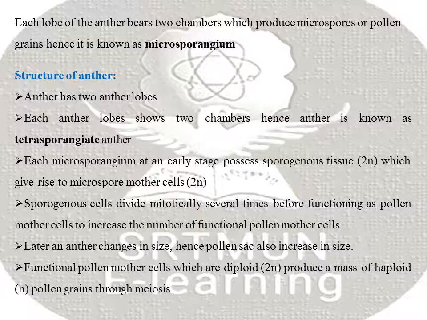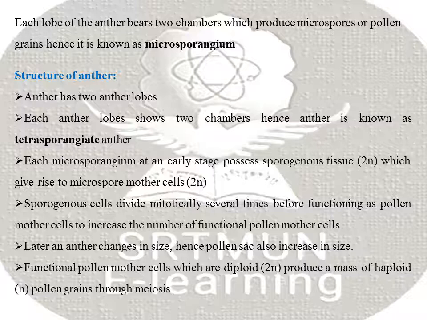Each microsporangium at an early stage possesses sporangious tissue 2n, which gives rise to microspore mother cells. Sporangious cells divide mitotically several times before functioning as pollen mother cells, to increase the number of functional pollen mother cells.